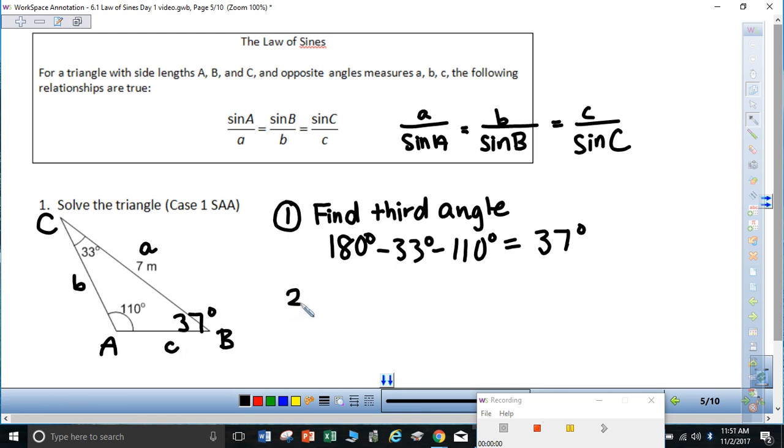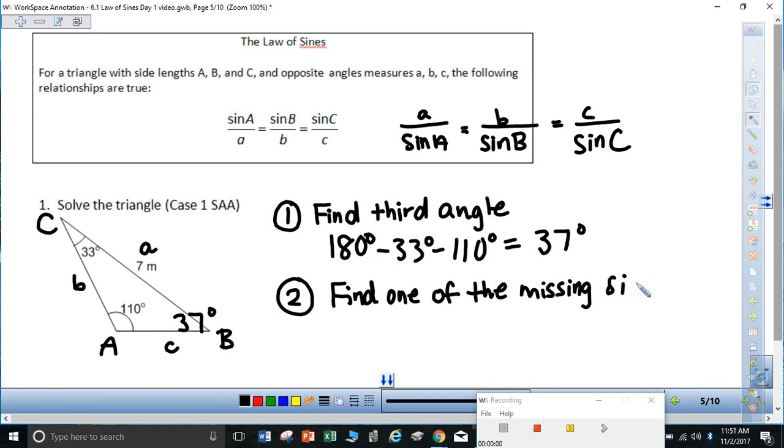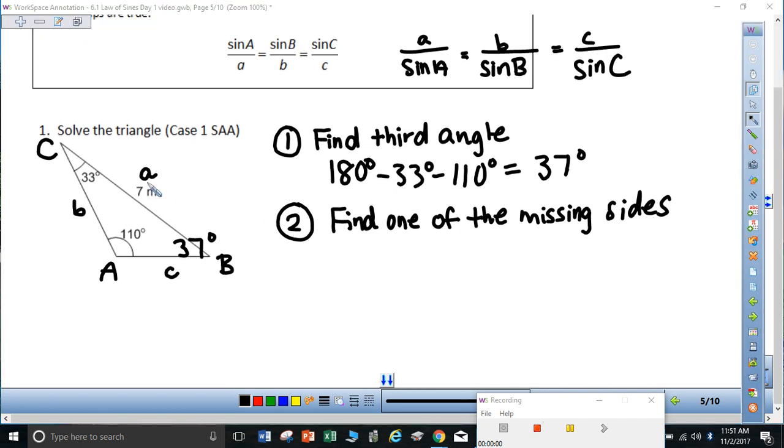Okay, step 2. We are going to find one of the missing sides. And so we're trying to find side b and side c. It actually doesn't matter which one you do first. We know angle A and we know side a.